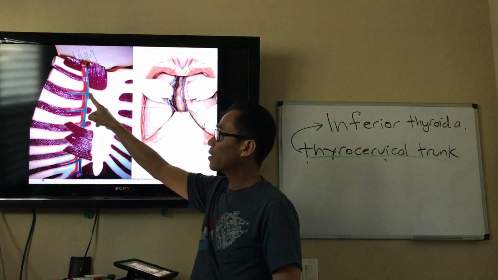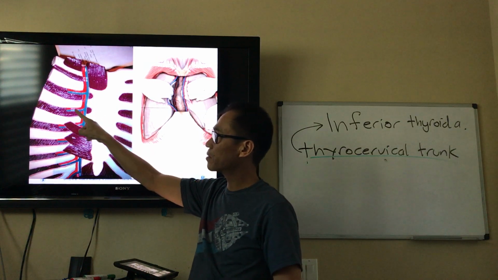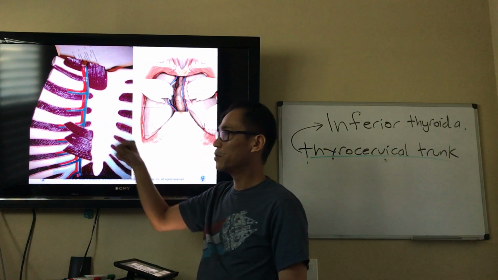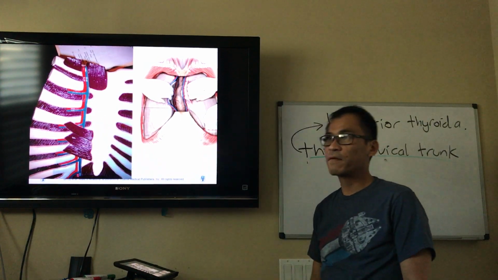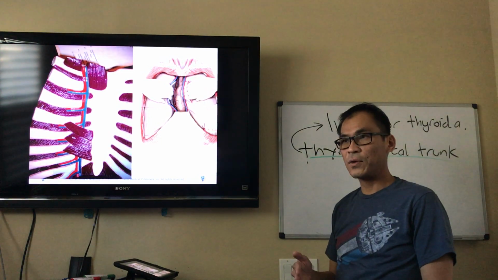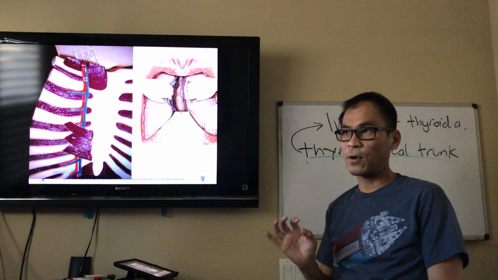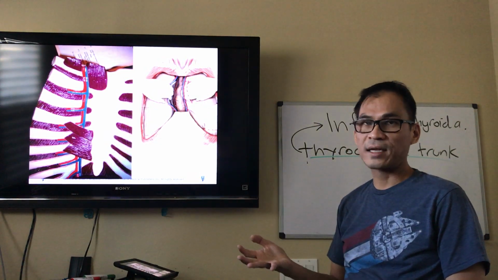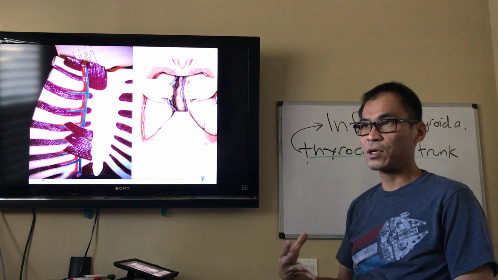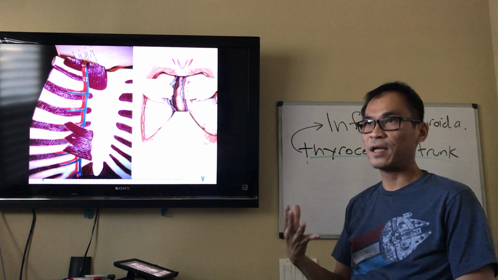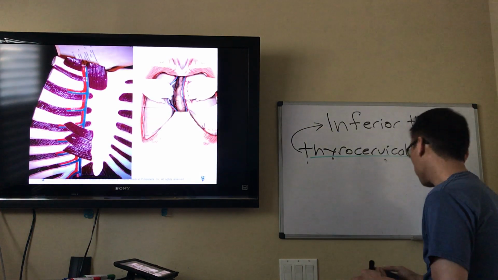But notice that at each intercostal space, the internal thoracic is giving off branches called the anterior intercostal arteries. Let's remember, posterior intercostal arteries branch off the thoracic aorta. So you have anterior intercostal arteries branching off internal thoracic. Let's note that.